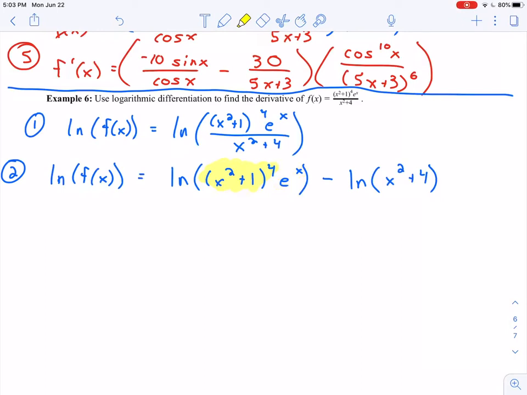I have x squared plus 1 to the 4th times e to the x. So I'm going to break this piece up into two separate logarithms again. I'm going to say natural log of x squared plus 1 to the 4th power plus natural log of e to the x minus natural log of x squared plus 4.